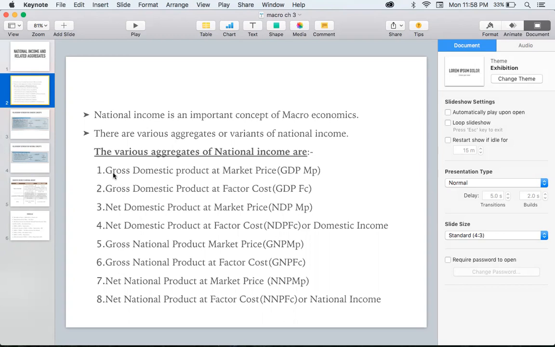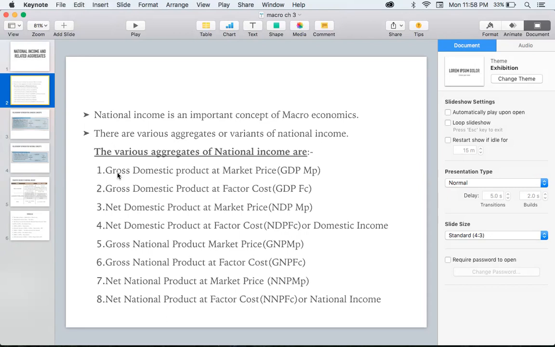Now here you can see that 4 aggregates are gross values and 4 are net values. So you should know the difference between gross and net. Gross signifies that there is no provision for depreciation. That means it includes depreciation. When I calculate the gross domestic product at market price or factor cost, I will include the depreciation.